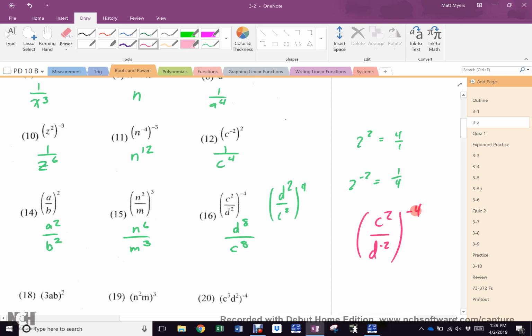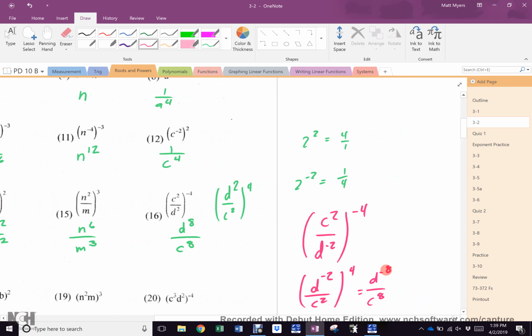When I reciprocate, only the overall exponent is changed. So this would reciprocate to d to the negative 2 over c squared, but it would be to the 4th now. Only that one will change. This one doesn't. Then it would be d to the negative 8 over c to the 8th, and then that's not allowed, so it would be 1 over c to the 8th d to the 8th. Everybody cool?